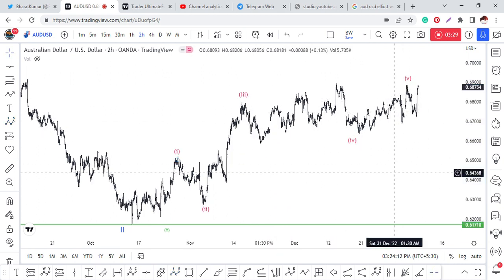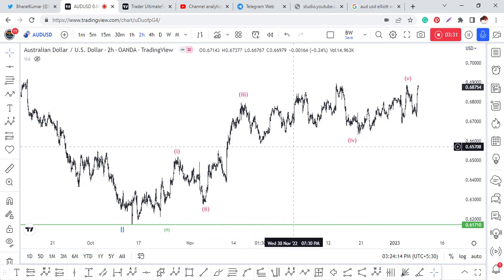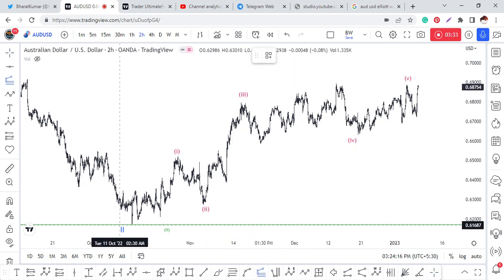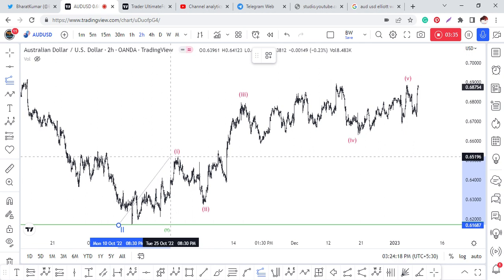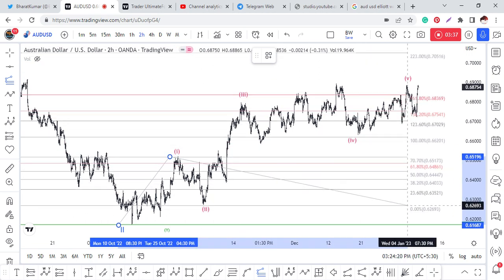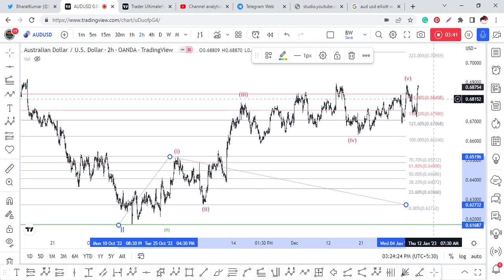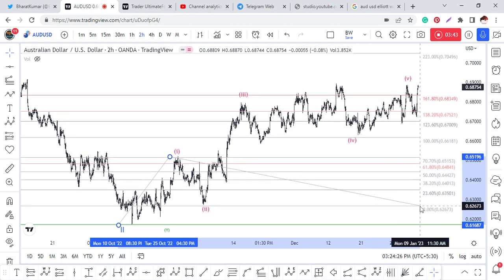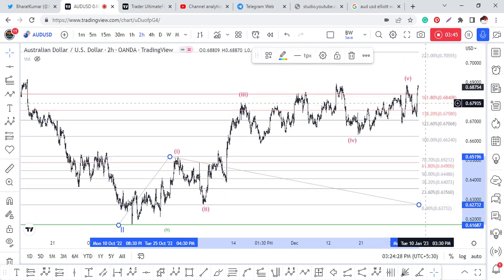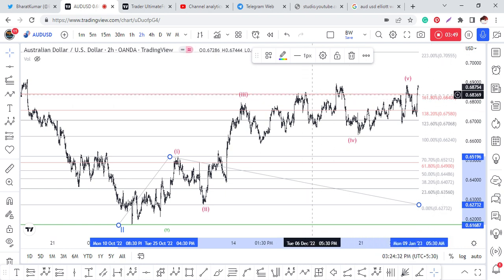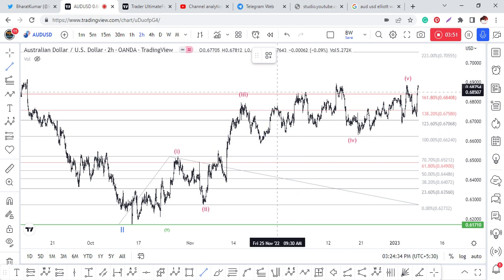Let's go through the Fibonacci ratio. You can see here 161.8 percentage is here, so it boosts my confidence.